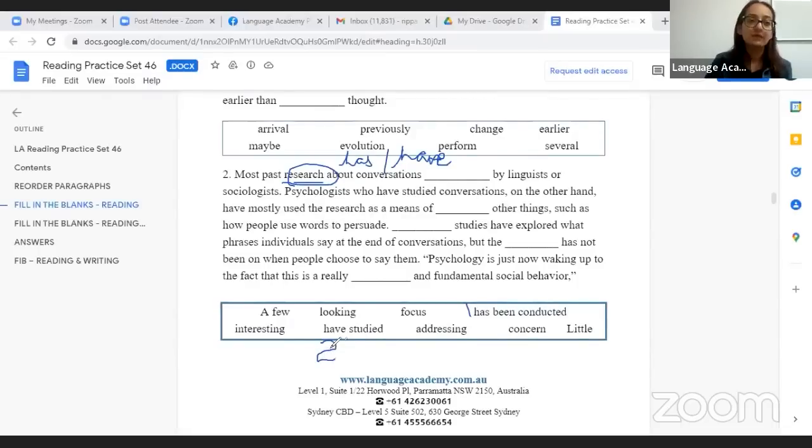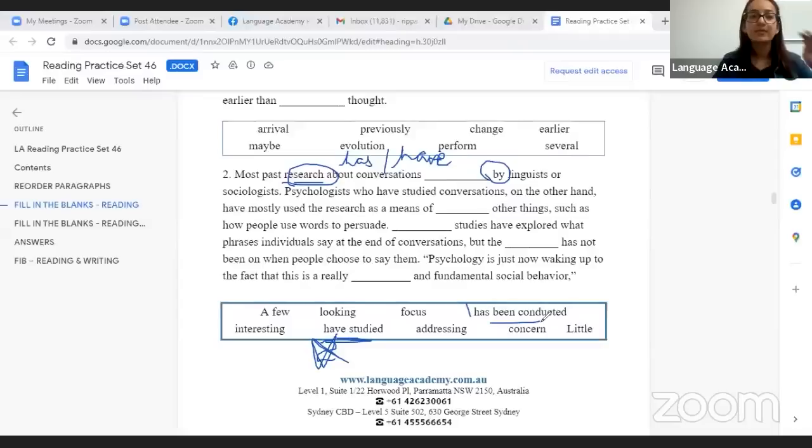Otherwise, those who have till now learned the concept of active and passive: has been is a passive statement, whereas have studied is an active phrase. So there were 2 clear hints, so none of you should have selected this wrong, because active passive is one concept which you have to 110% understand.